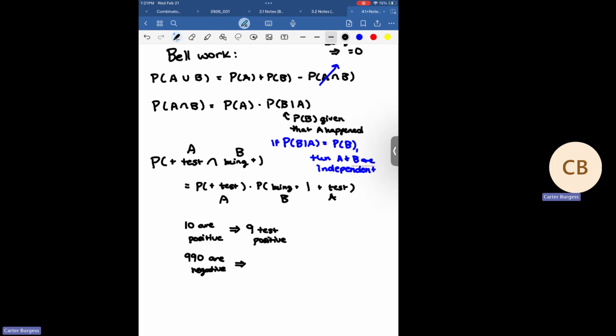So that would be like 99 test positive. Right, so these are like the 9 who test correctly. And these are just the unlucky ones who, in fact, do not have breast cancer, but then their screening gets back and it says, oh, hey, by the way, you have breast cancer.